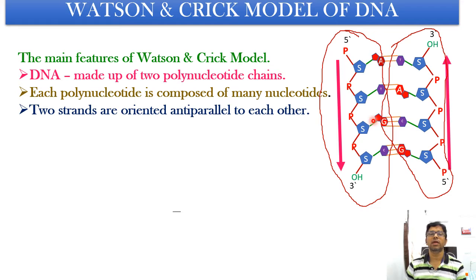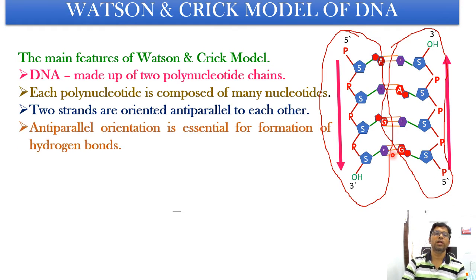Two strands are arranged anti-parallel to each other. One strand runs in the 5 to 3 prime direction and the other strand runs in the 3 to 5 prime direction.